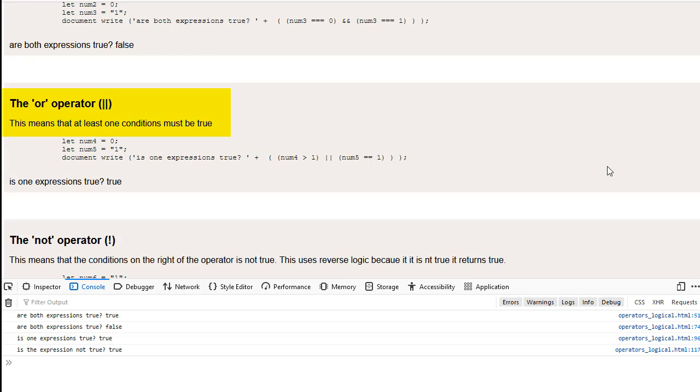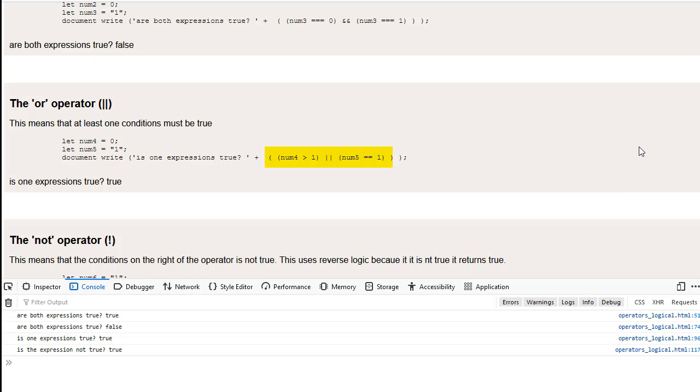The OR logical operator is indicated with 2 straight lines. They are found right below the backspace key. So here I have num4 equals 0, num5 equals 1. 1 is a string, it's in quotes. I'm evaluating these expressions.